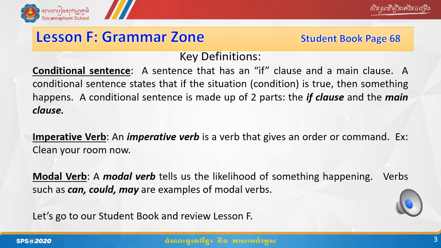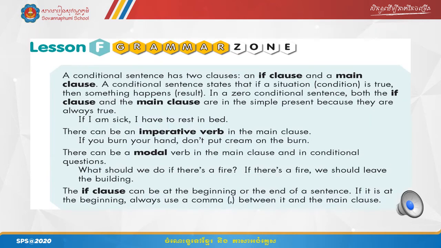Let's go to our student book and review Lesson F. Class, here we are on page 68 in our student books, and you can read along with me. I've posted exactly what is in the student book, so let me read it. A conditional sentence has two clauses, an if clause and a main clause.